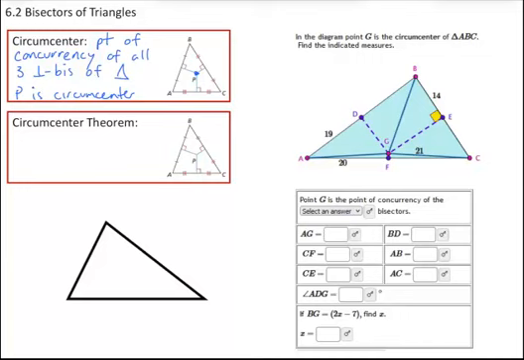Okay, and so the markings that you're looking for to designate this is you need to see that you have a line that's perpendicular and a bisector. Okay, so I'm going to show you on this triangle below here. So if we take this given triangle and we find the midpoints of all 3 sides. Okay, so here's one midpoint, here's a second midpoint, here's a third midpoint.